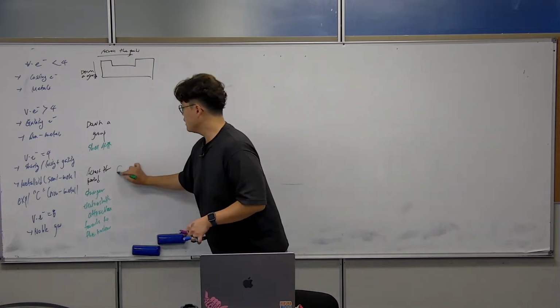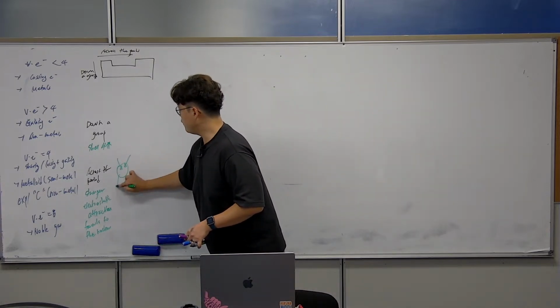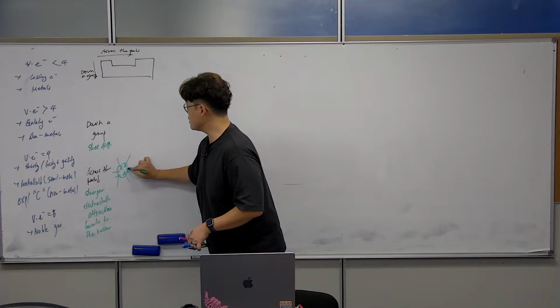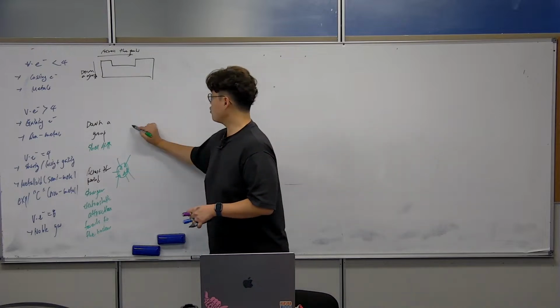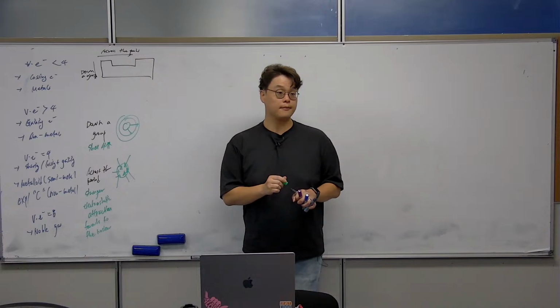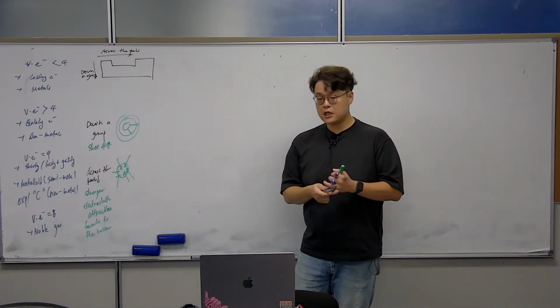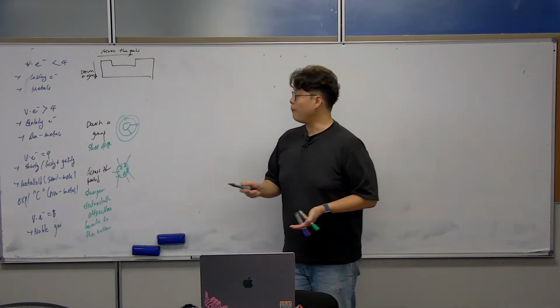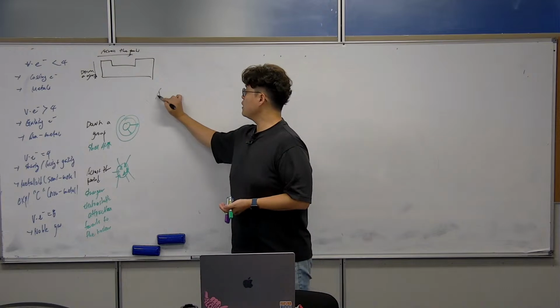Simply, the force of attraction towards the nucleus is getting bigger. And down the group means that size is getting bigger like this. And this explains everything about the trends, including the atomic radius.